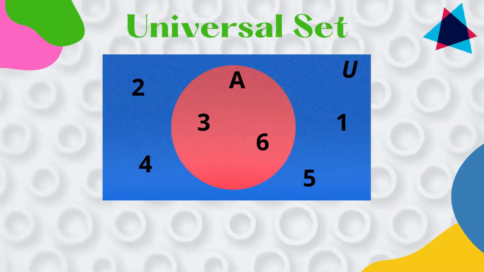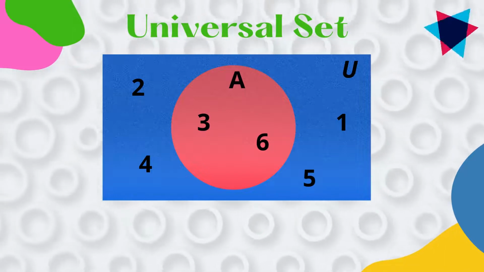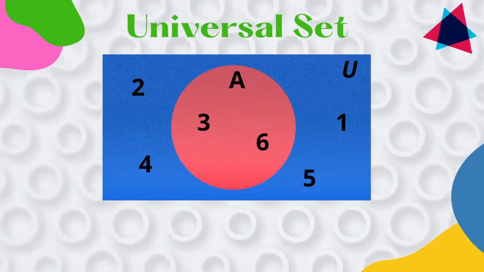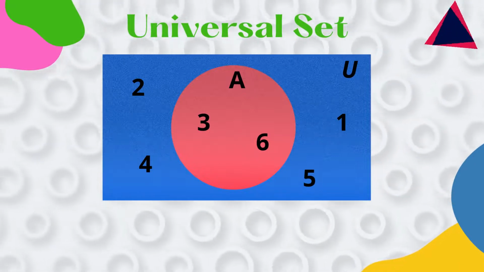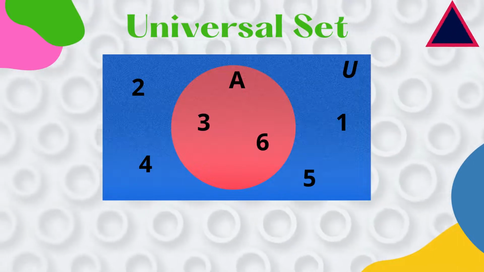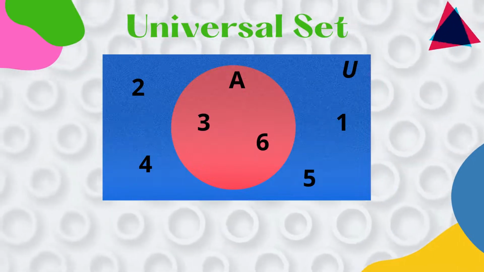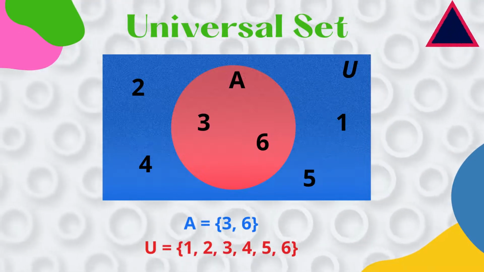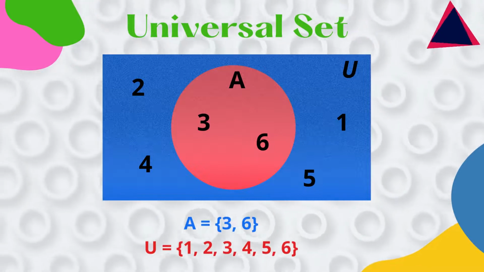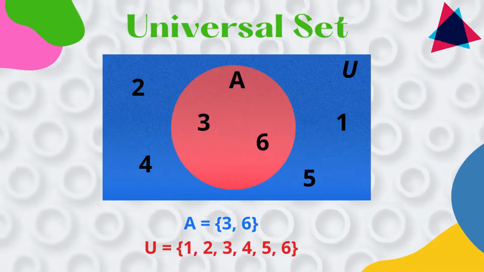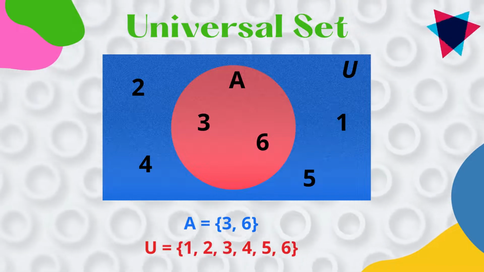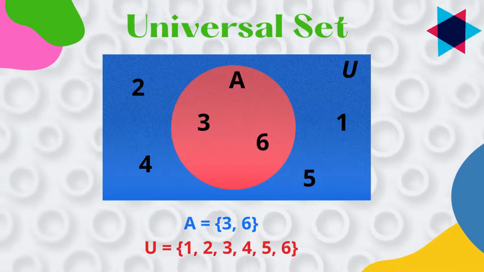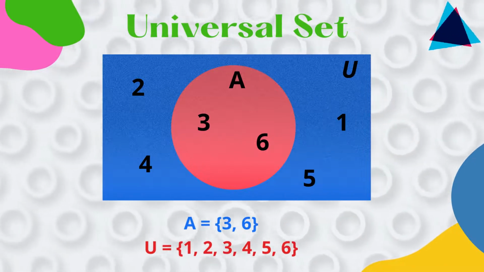Using this illustration, a rectangular figure represents the universal set, represented by capital letter U. The circle represents a set named set A. What does it mean? Set A has two elements, 3 and 6. But when we talk about the universal set, all the elements are counted. Therefore, the universal set has elements 1, 2, 3, 4, 5, and 6.